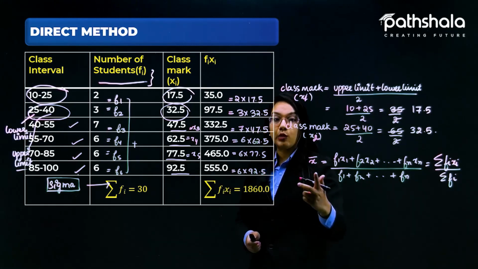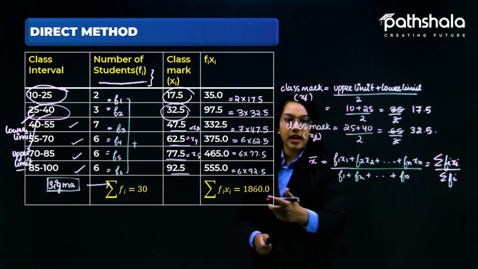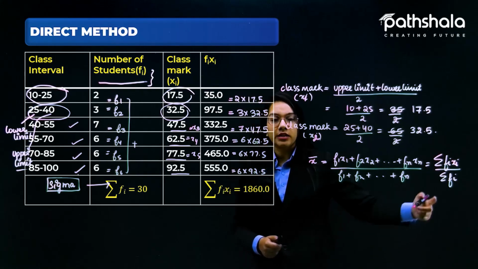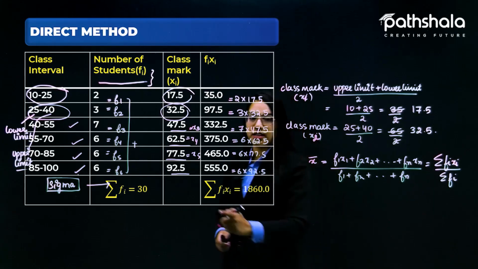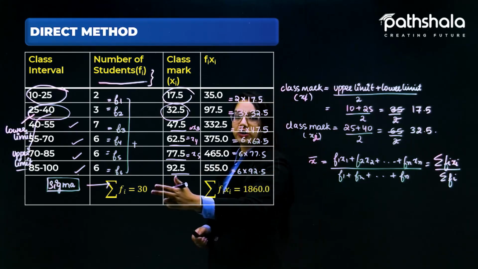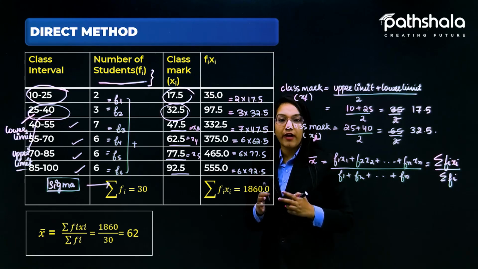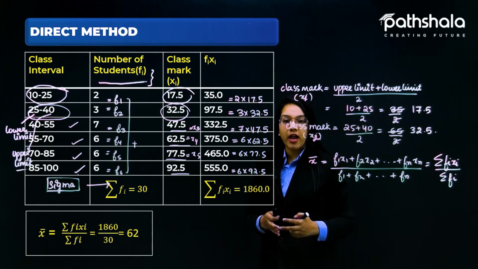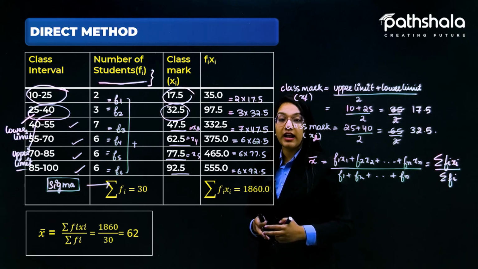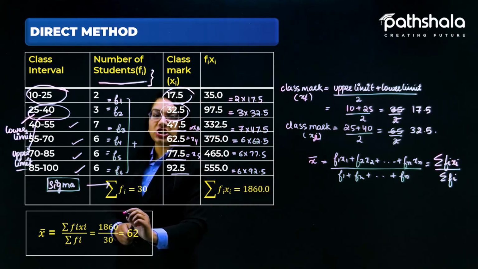Now let's calculate x bar. We know that the value of sigma fi xi is 1860 and the sum of the fi is 30. So let's take the division of 1860 by 30. We get x bar equal to sigma fi xi divided by sigma fi, which is 1860 by 30, and after calculating it we get the answer 62.